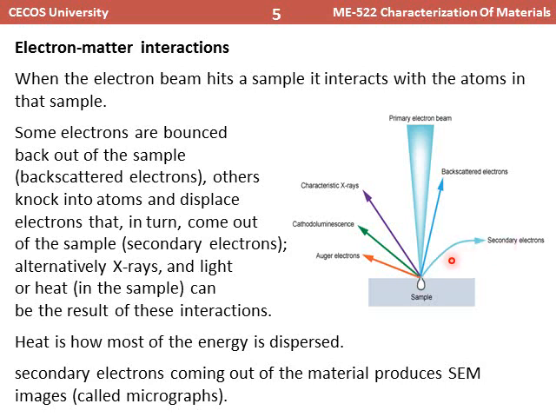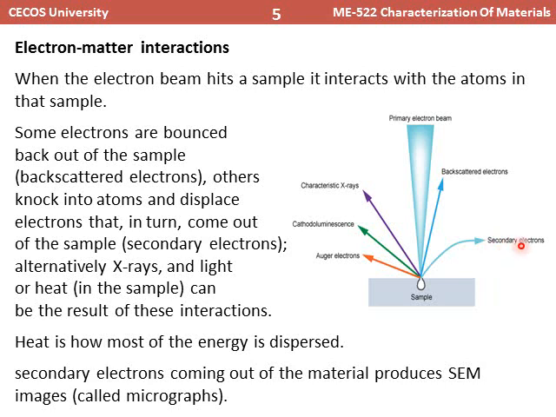The high energy electrons, when they hit the surface of the sample, impart some of their energy to the atoms of the surface. Then in these atoms, the electrons are knocked out of the atom and they go outside. If they go outside, they are detected as secondary electrons.